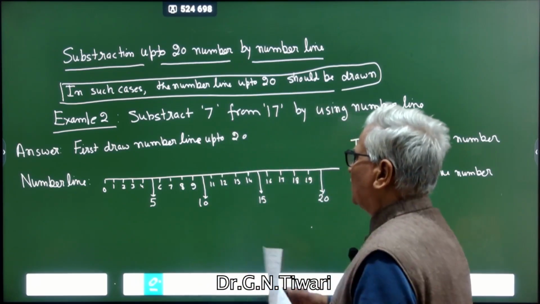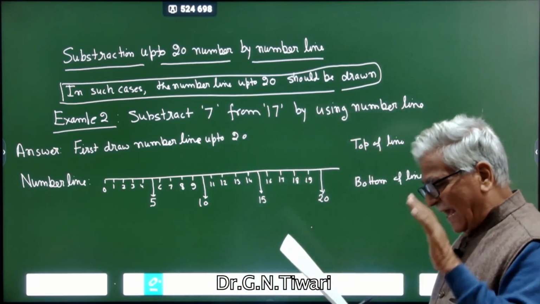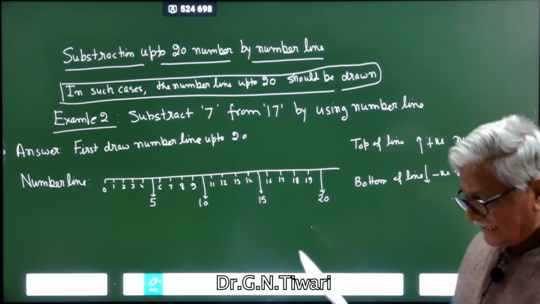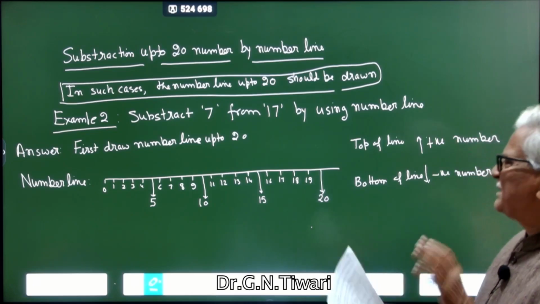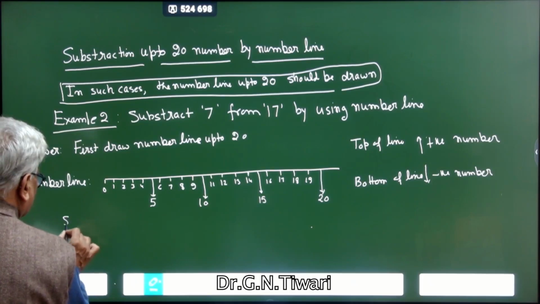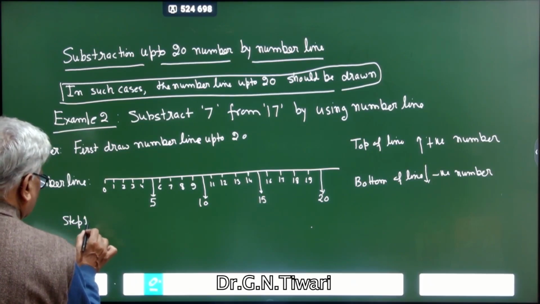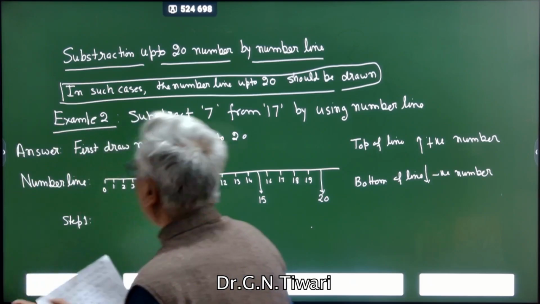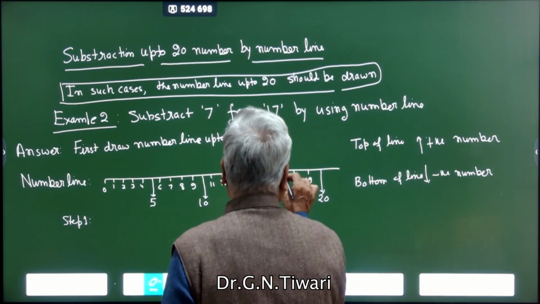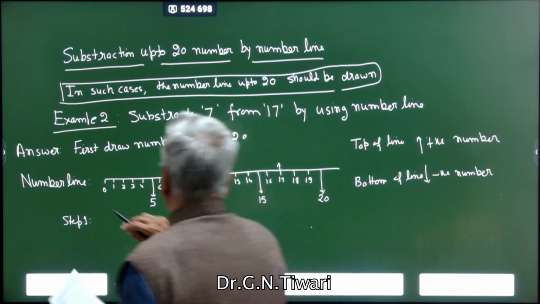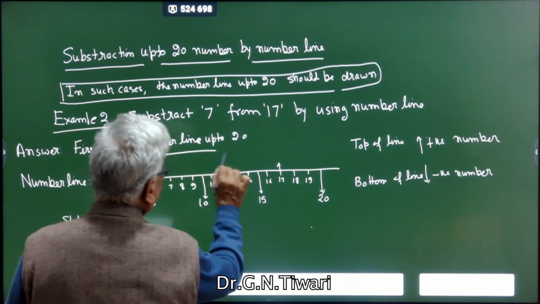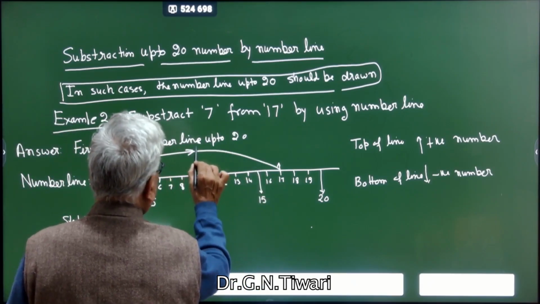Now you have to solve in a similar way as I have done in example 1. I am not going to write the steps in full, but in short I will write step 1. What is step 1? Join 0 to 17. Mark 17 here with a bigger line so that you can remember. You are joining 0 to 17 like this in a semicircle, and put 17 here.